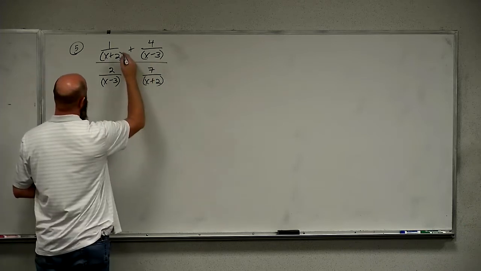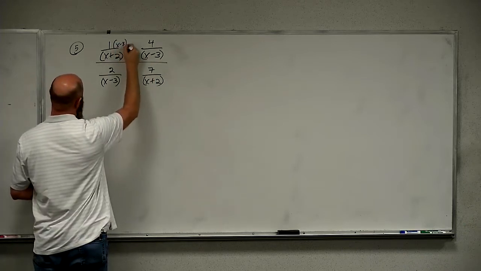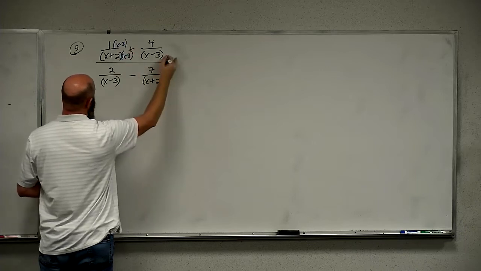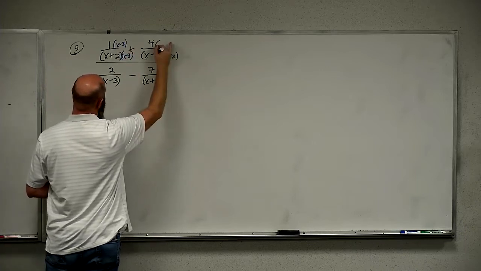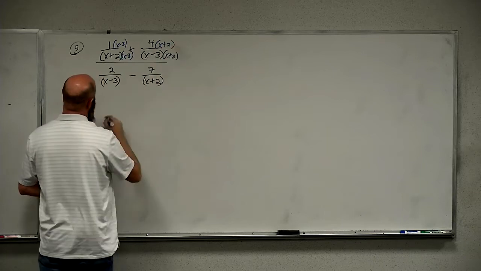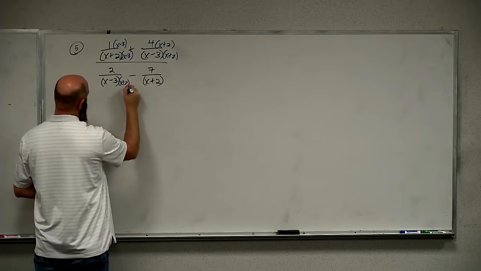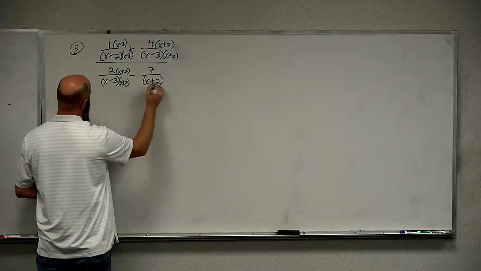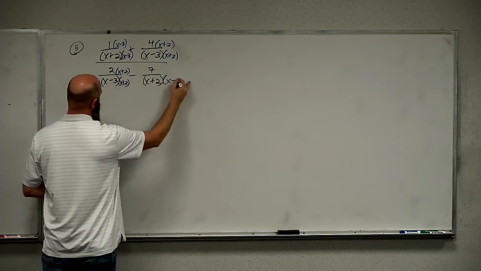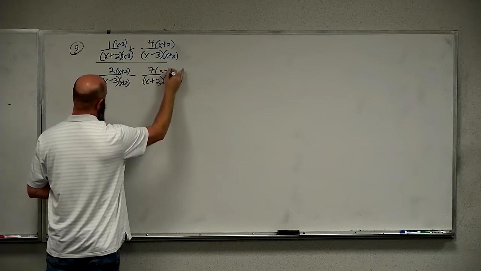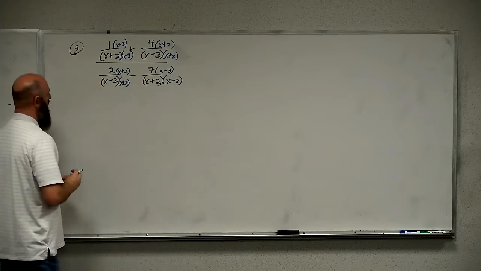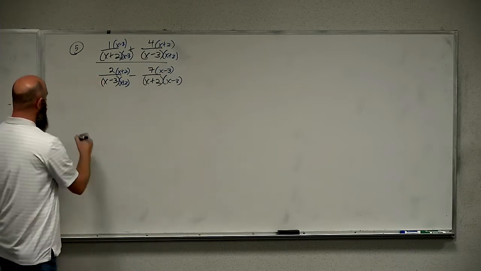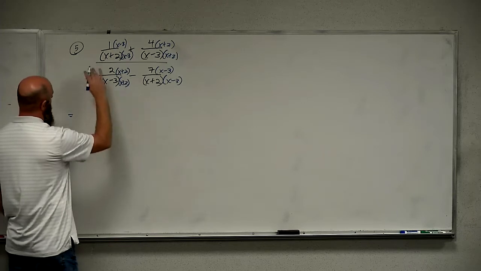All right, so this needs an x minus 3. This one needs an x plus 2. This one needs an x plus 2. This one needs an x minus 3. Okay? So I've got a lot of stuff going on there, so I'm going to rewrite it just to be real clean here.